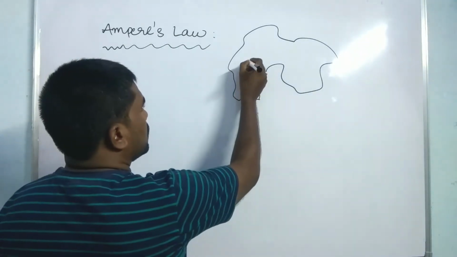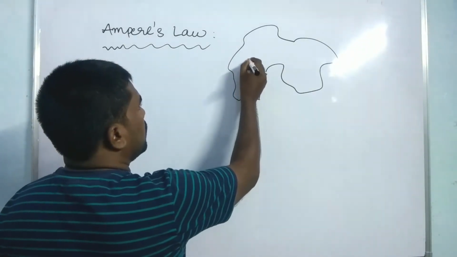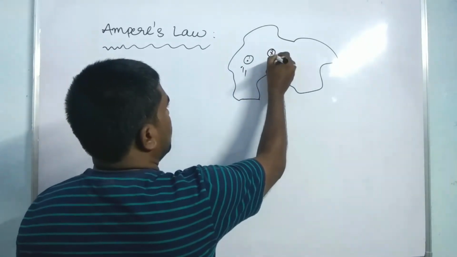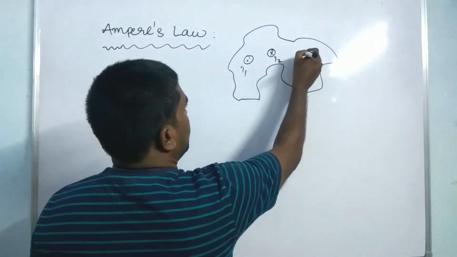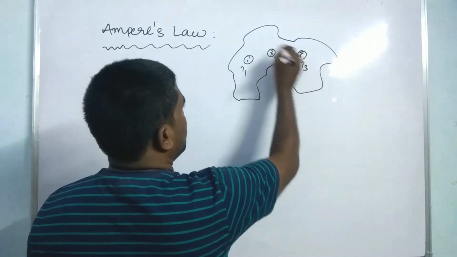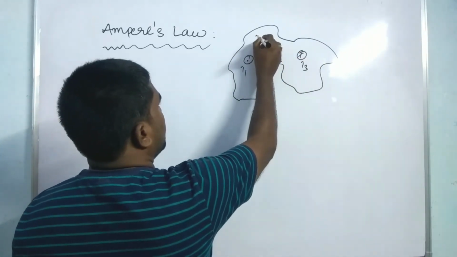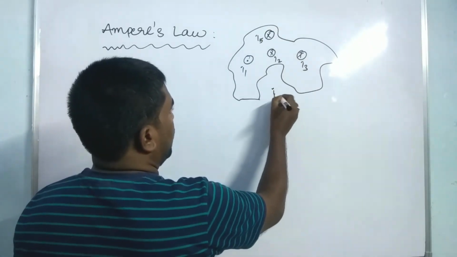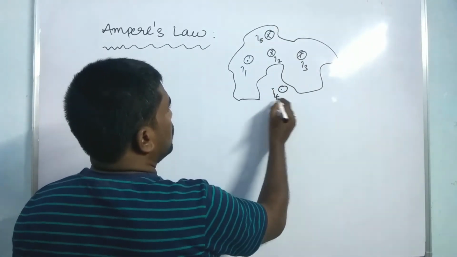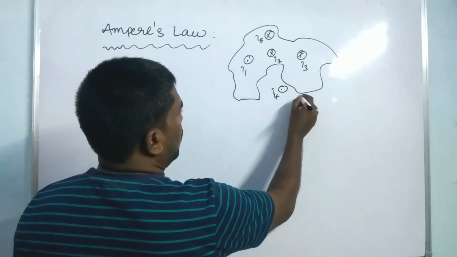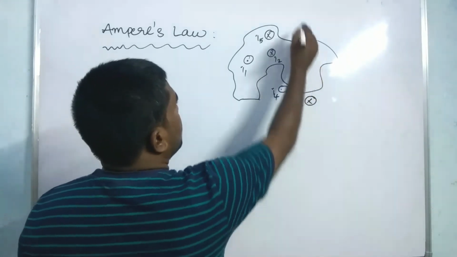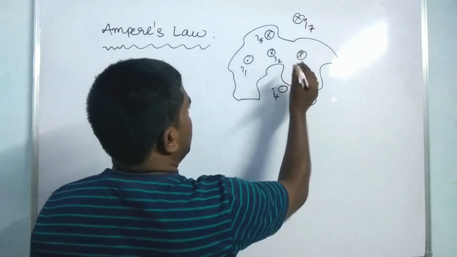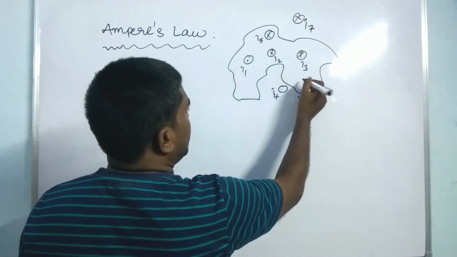Here there are currents: I1, I2, I3, I5, I4, I6, I7 and I8.